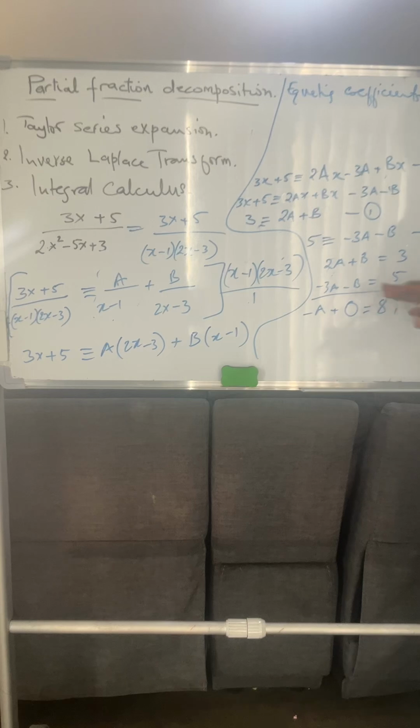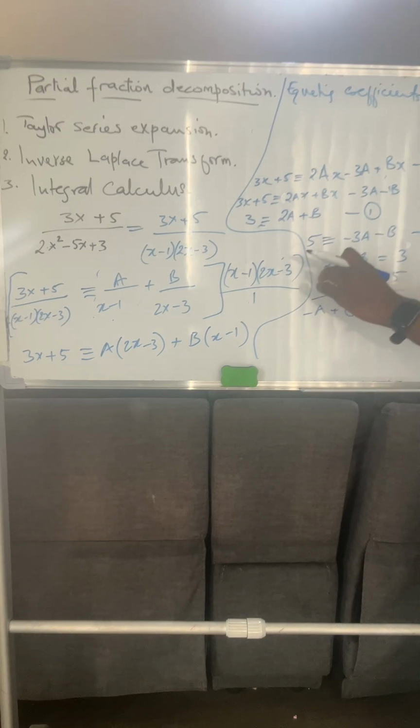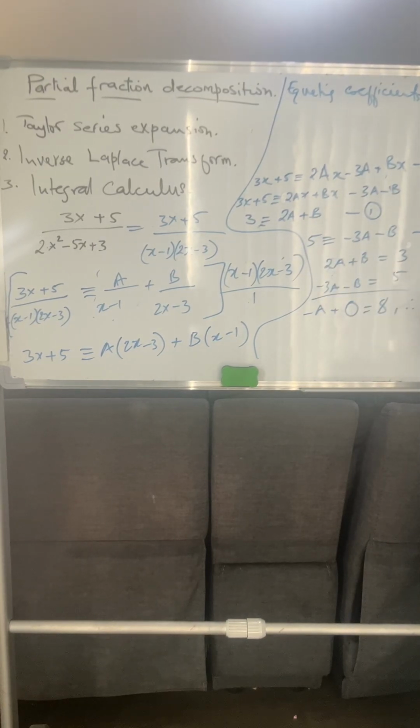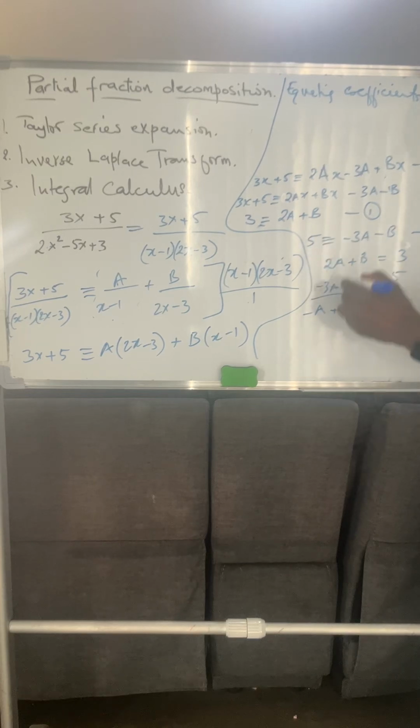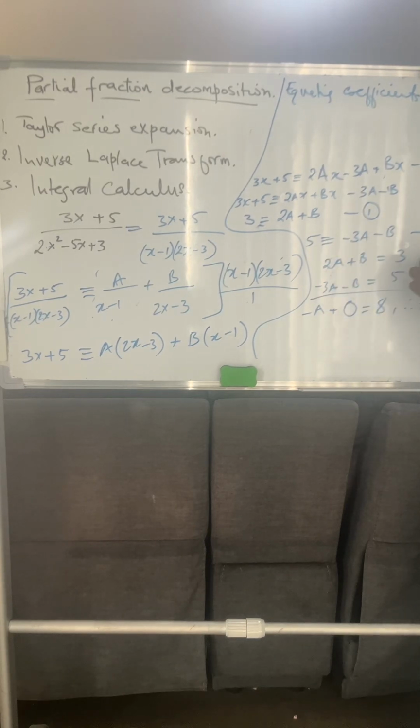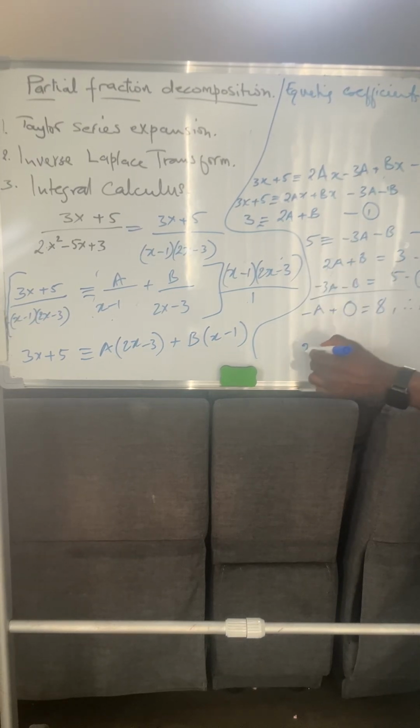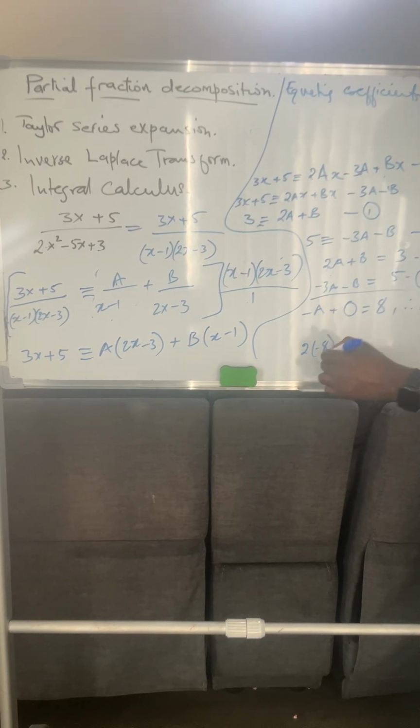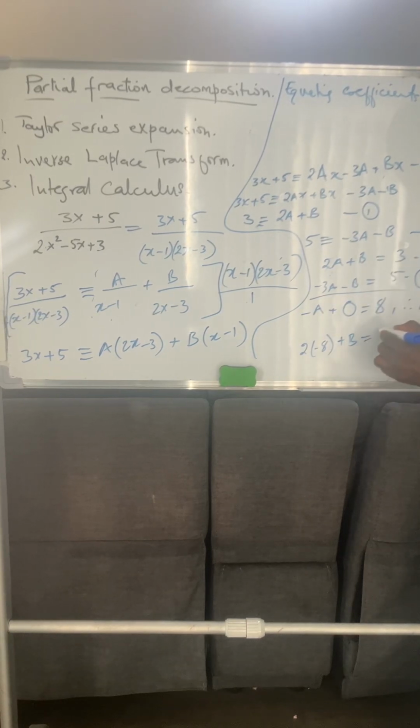So if a is minus 8, you can use any of the equations to find b. So let's use the top one. We now know a is minus 8, so putting minus 8 into equation 1, if you put a equals minus 8, then you will have 2 multiplied by minus 8 plus b equals 3.